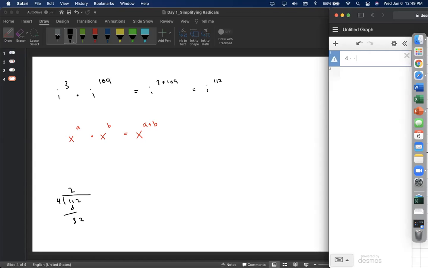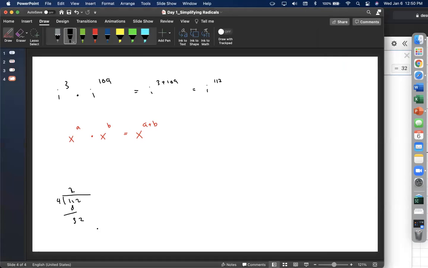So let's try 4 times 8, and that gives us 32. And we could also try 4 times 9, and we see that's 36. So 8 is the best number. And as we see here, we have no remainder. So anything with a remainder 0 is going to equal 1.